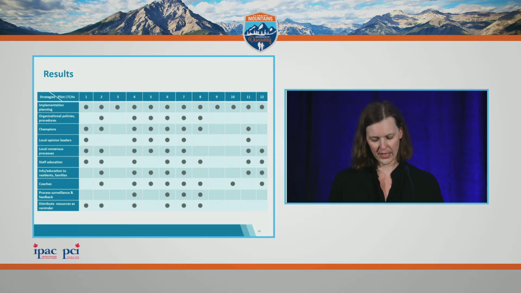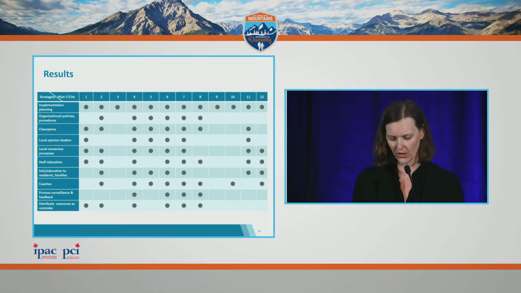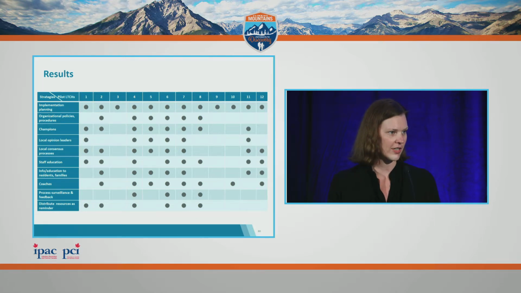So we looked at how many strategies the 10 homes actually ended up implementing. And all the homes, when they were in their planning phase, had intentions to execute all 9 of the implementation strategies. So that at the time was the number that we were recommending. And what it ended up being is that 10 out of the 12 homes implemented at least 1 implementation strategy, and 3 of the homes implemented all of them.